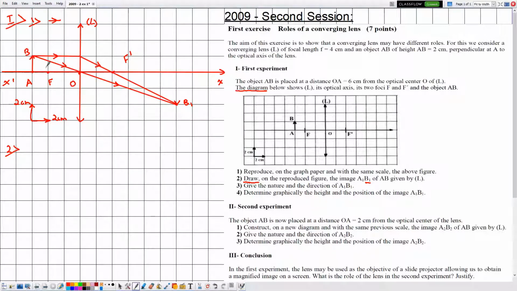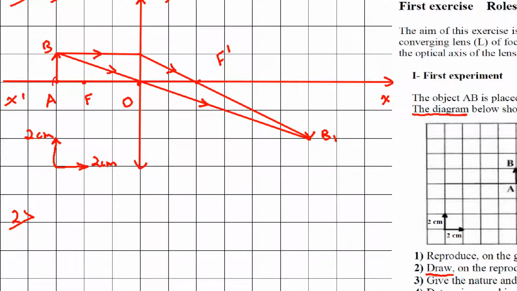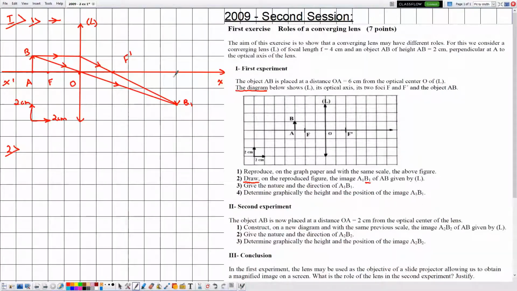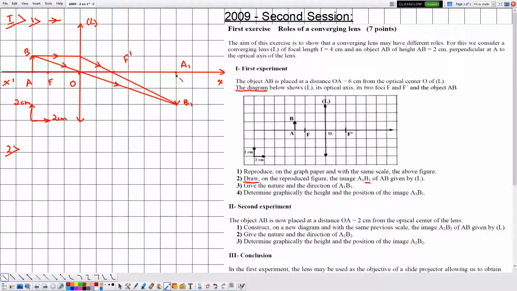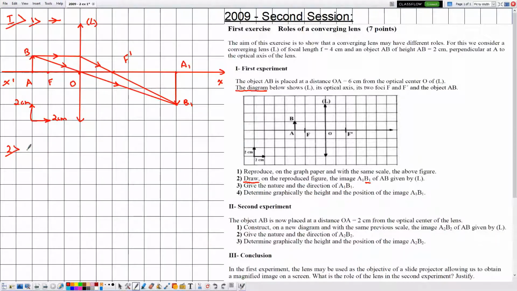So this is the tracing of B1. Now because A represents the foot perpendicular of B on the optical axis, then A1 will represent the foot perpendicular of B1 on the optical axis. So this is the image A1B1. Then done for part 2.